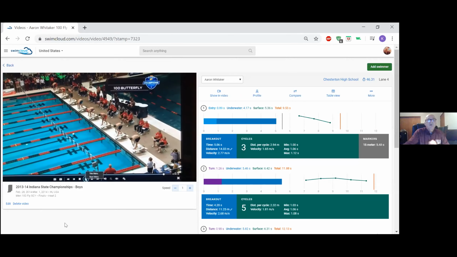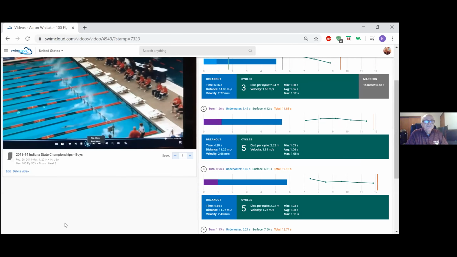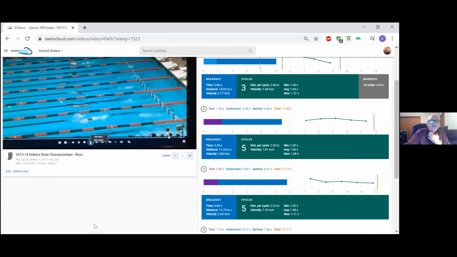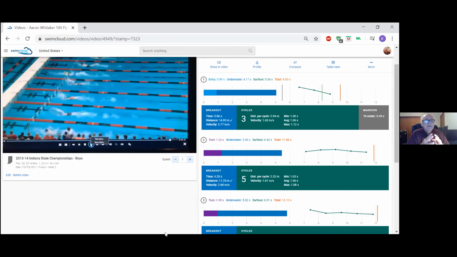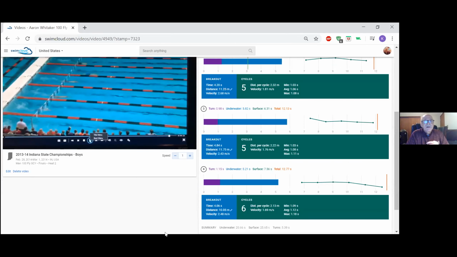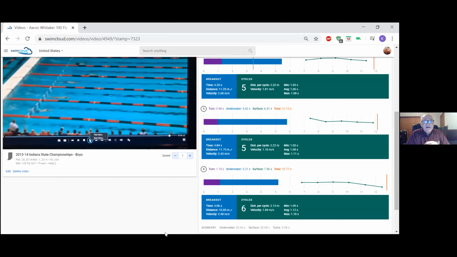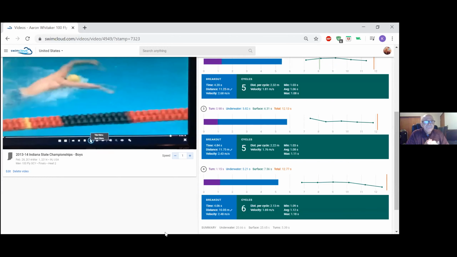But go ahead. So when you're showing this video to a swimmer, they can see this bar going across as the video is playing. And some of these tricks then begin to make a little more sense.